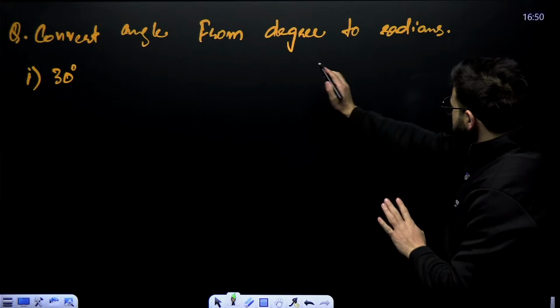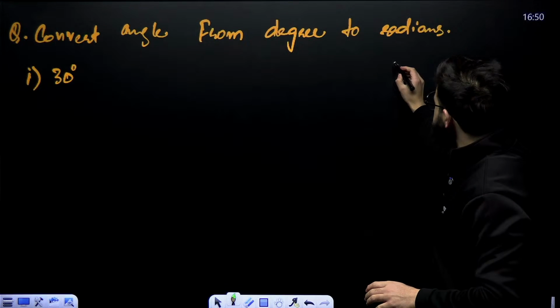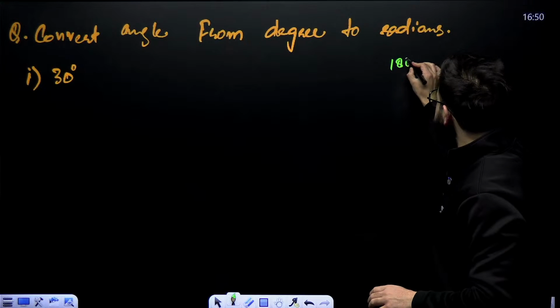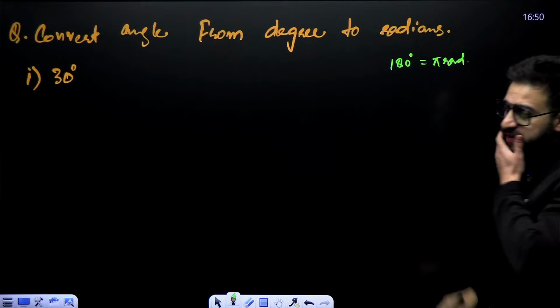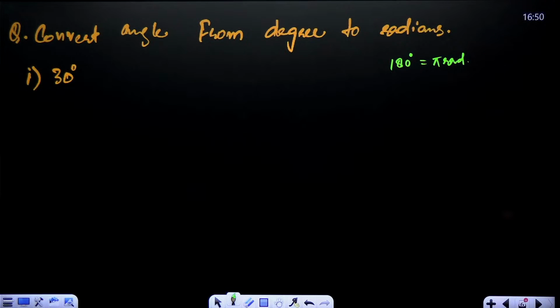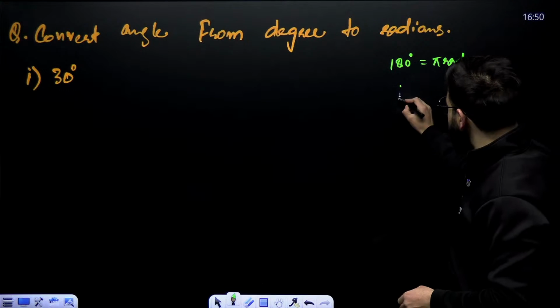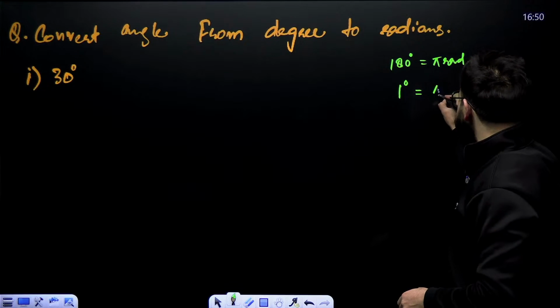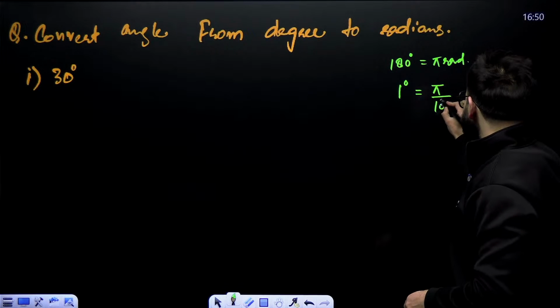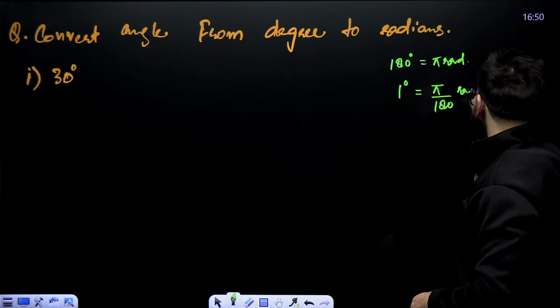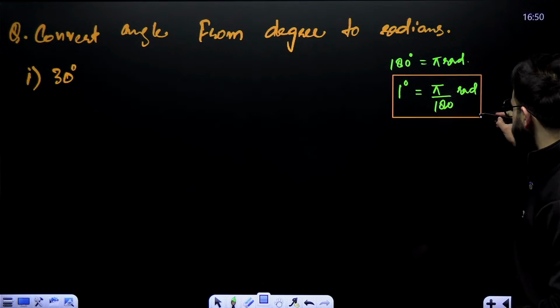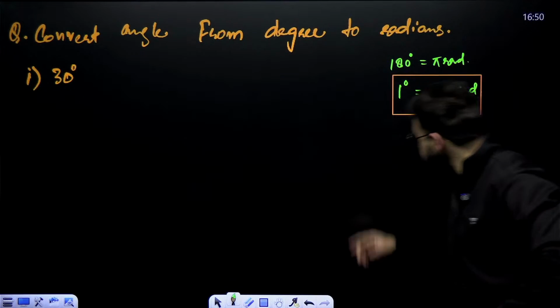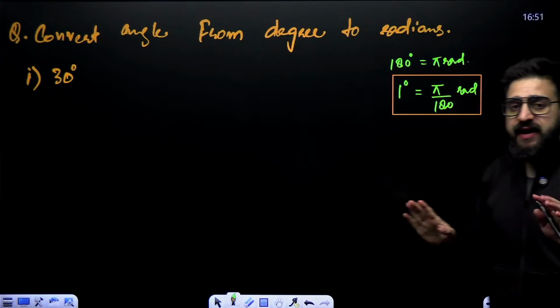I can write over here 180 degrees is equal to pi radians. This is what I recently told you. Now, what if I ask you, what is the value of 1 degree? You say 1 degree will be pi divided by 180 radians. Just keep this thing in the box. 1 degree is equal to pi by 180 radians.